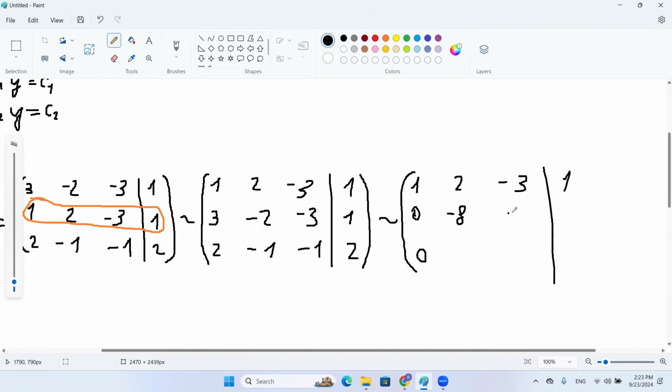And five. Minus 2, minus 4, minus 5. In the second row, in the second column. In the second column, the third element.